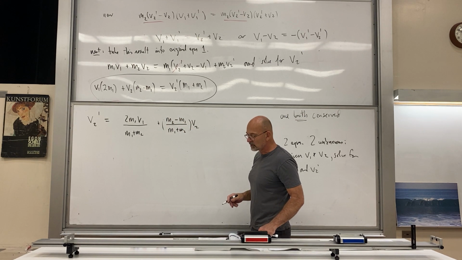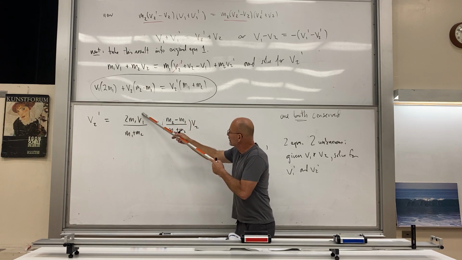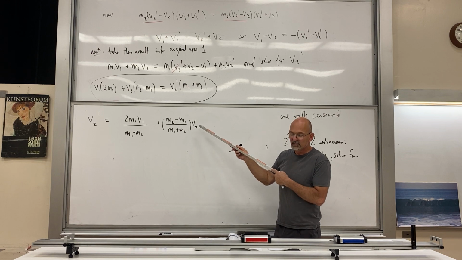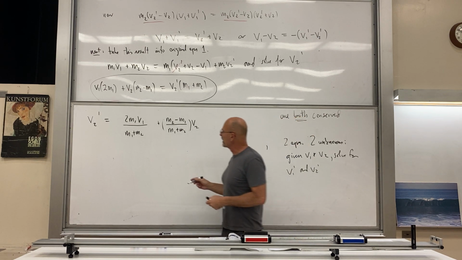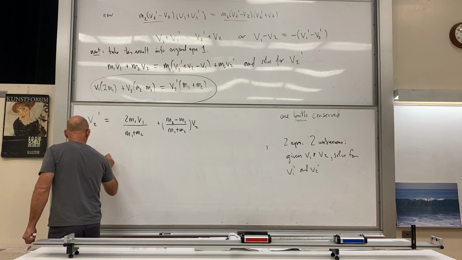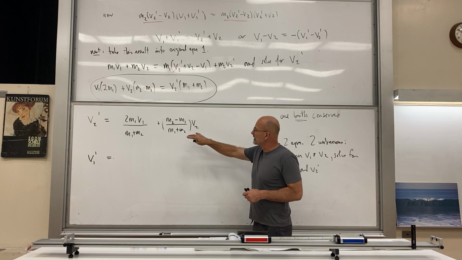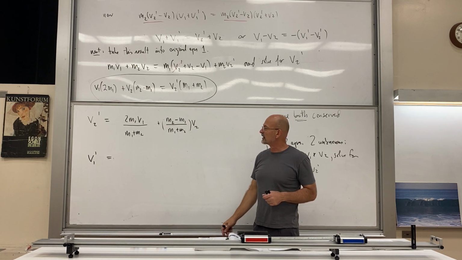So here's our goal. We have the final result in terms of these two initial velocities, V1 and V2. Now, we can do the whole algebraic rigmarole again, but in fact, we can get the result by just switching ones and twos in here carefully.